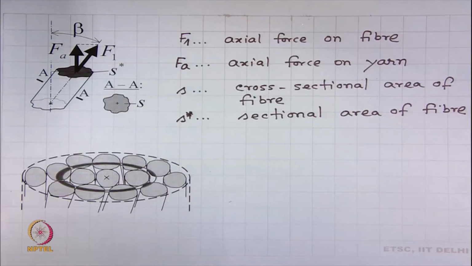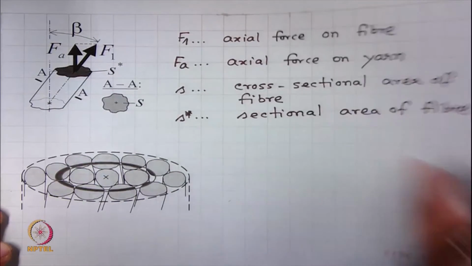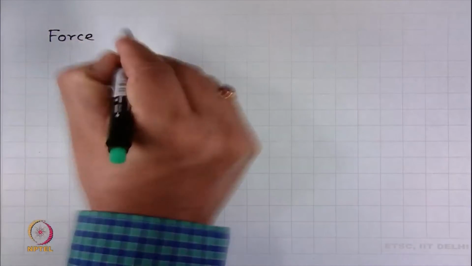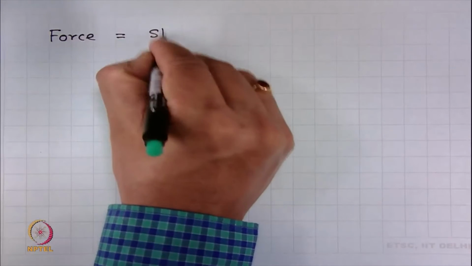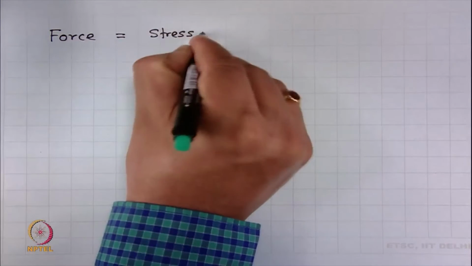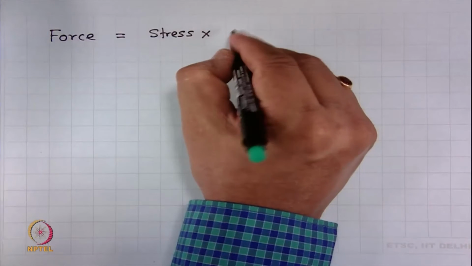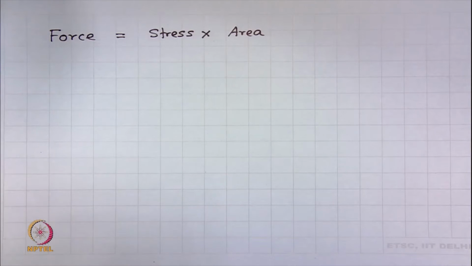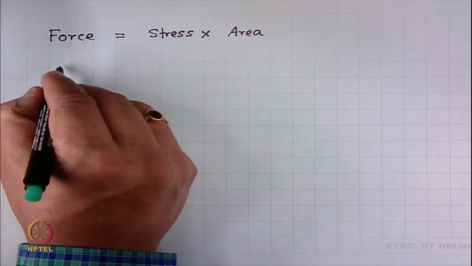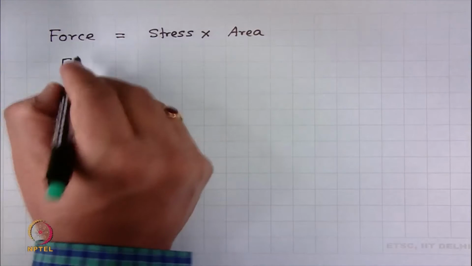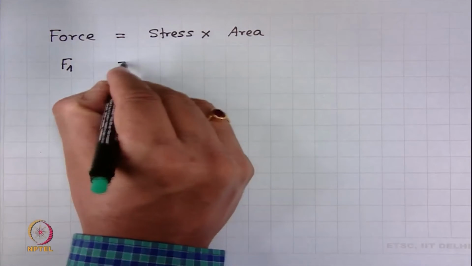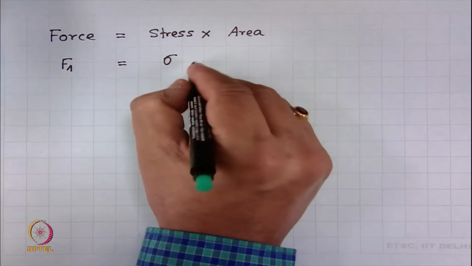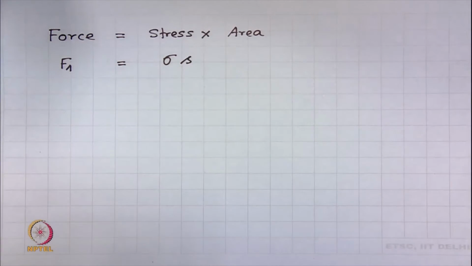Right. We know that force is stress times area. So, F1 is the force. Let us assume stress is sigma, and the area is small s.